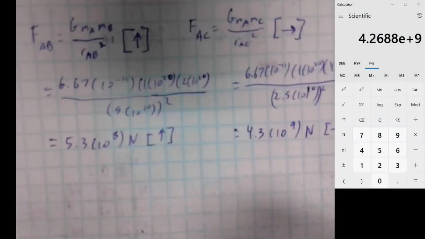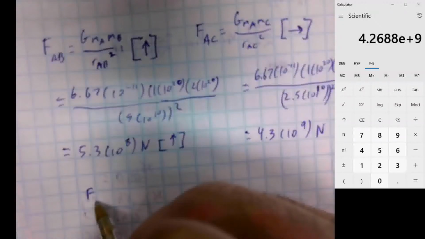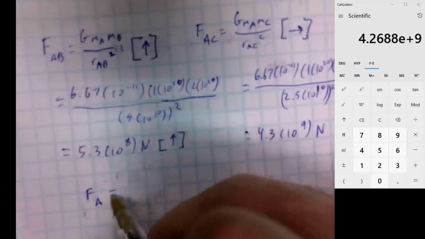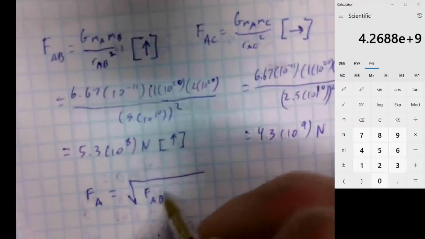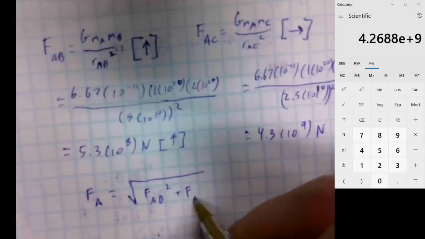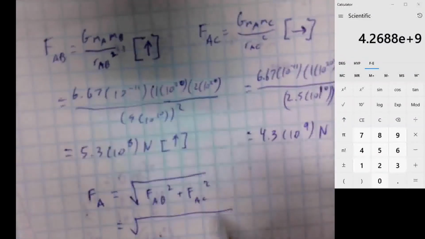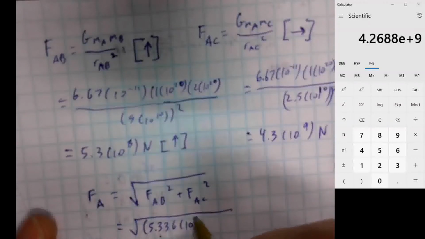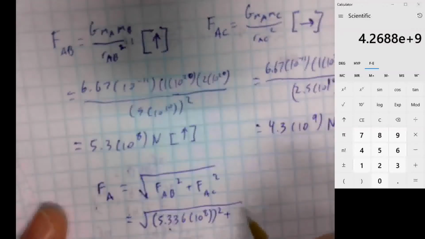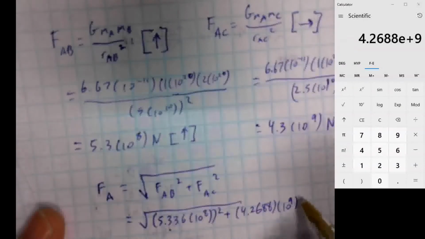So what I'm going to do is to find out what my F_A is for both of these. It's going to be the square root of F_AB squared plus F_AC squared, and that's going to be the square root of 5.336 times 10 to the 8 squared plus 4.2688 times 10 to the 9 squared.